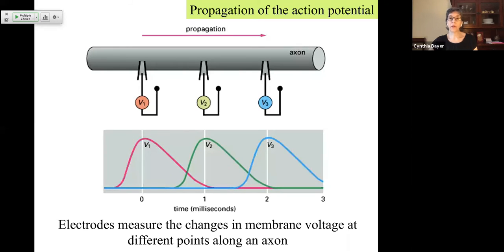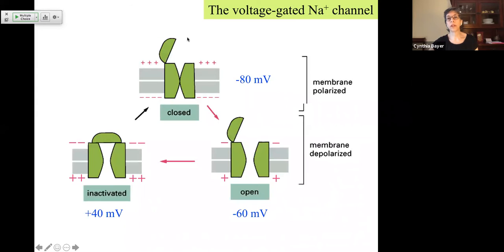This is the nerve impulse, the traveling wave of these action potentials. We remember that the changes in the voltage across the membrane will affect the shapes or the conformation of our voltage-gated sodium ion channel.